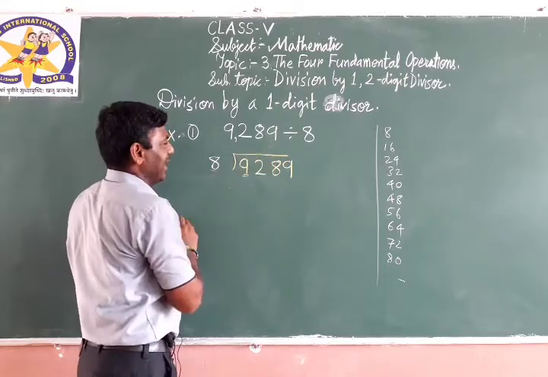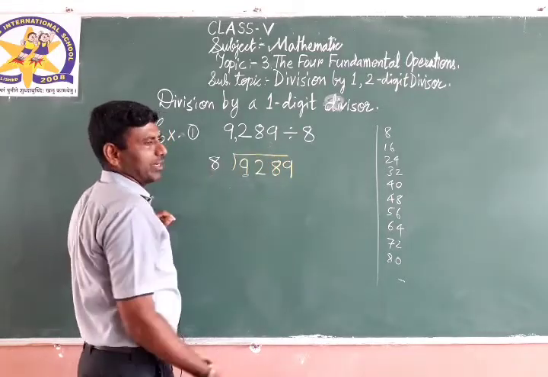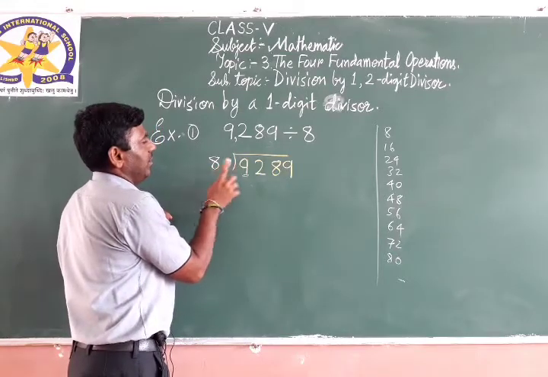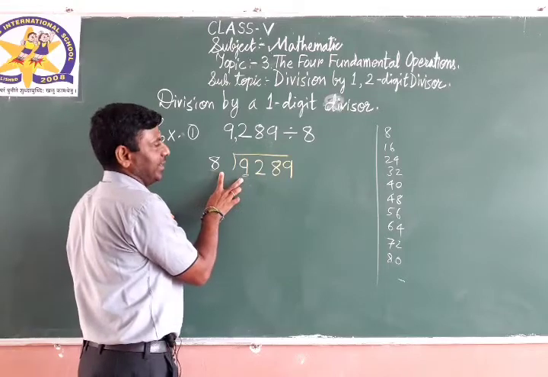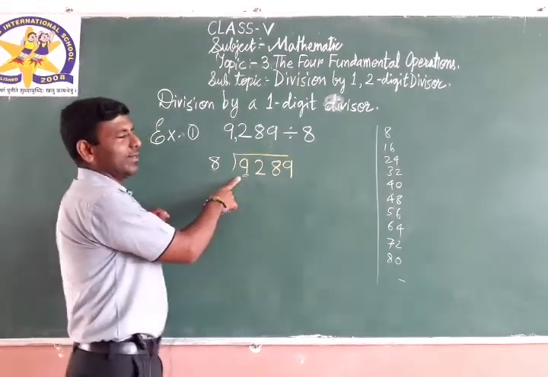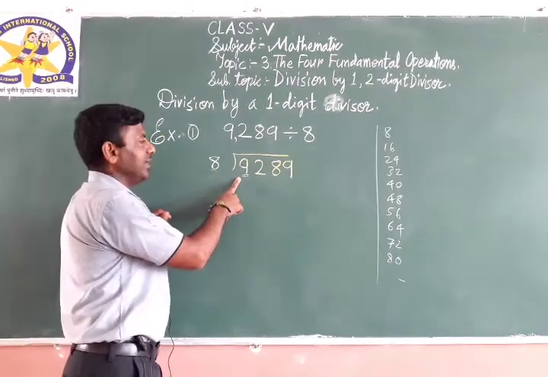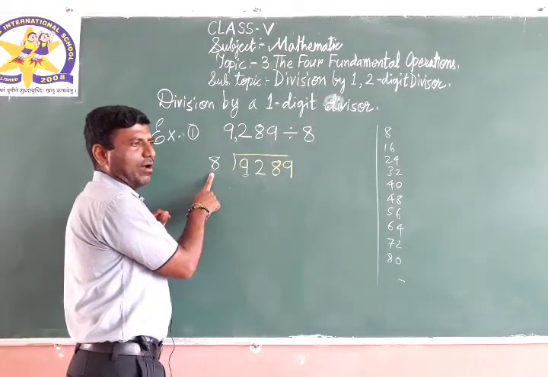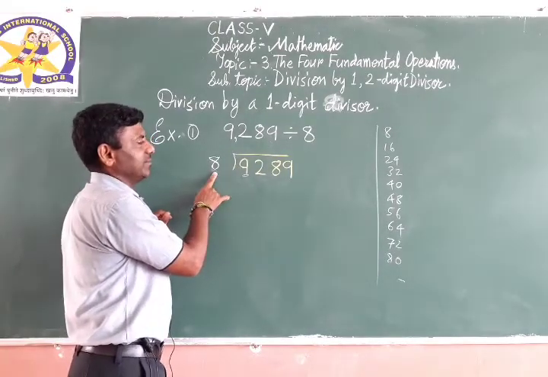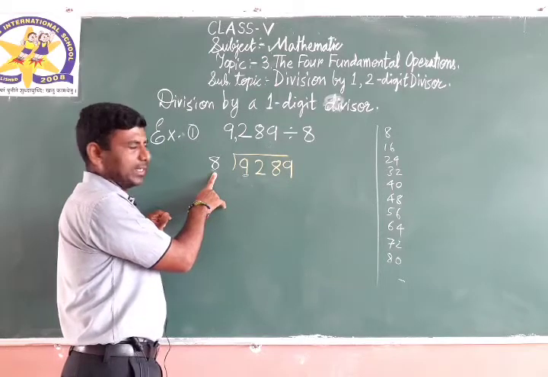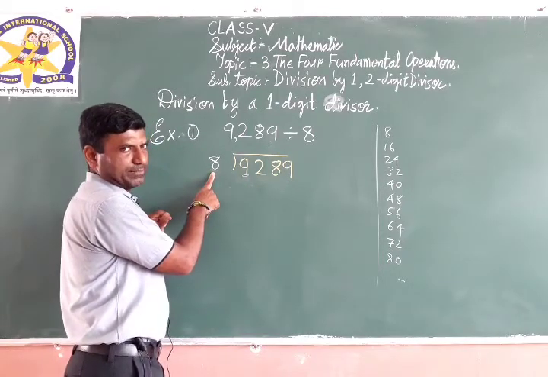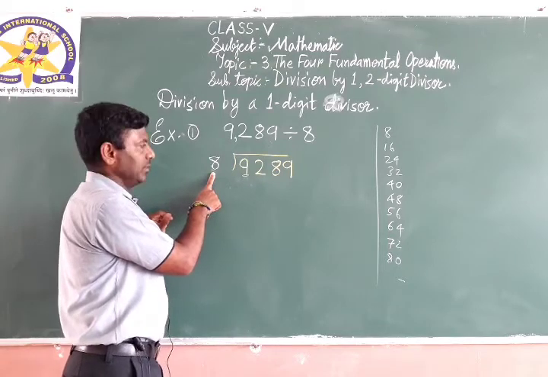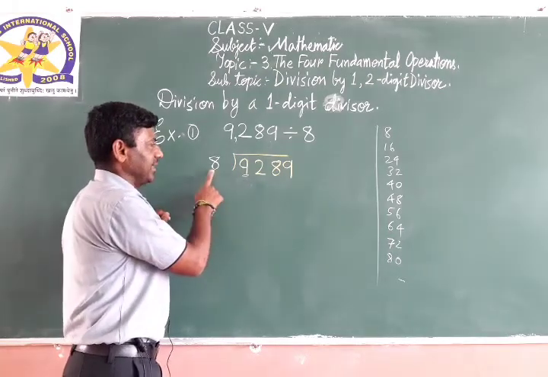Okay, now make sure of the relation between divisor and dividend: it should be equal to the divisor or greater than the divisor. Understand? Got it? Now 9 is greater than 8.